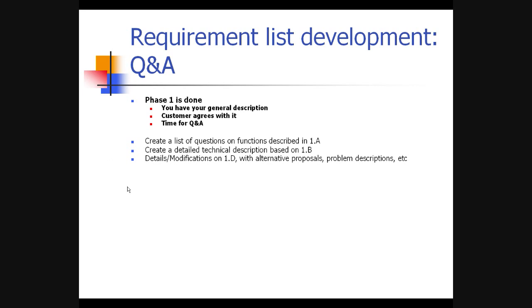And of course, if you followed my advice and joined to the general description the general and specific conditions, you're going to deal with all the details and modifications on this part 1D, with alternative proposals, problem descriptions and so on.